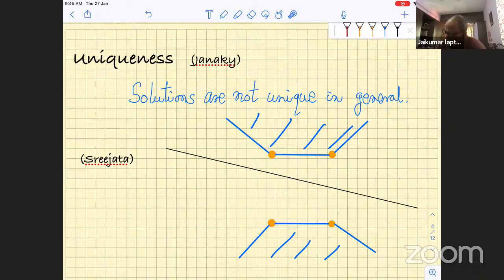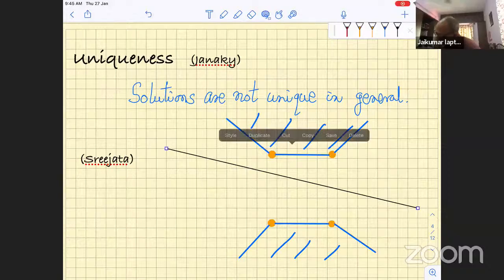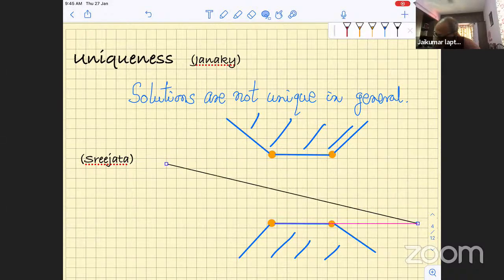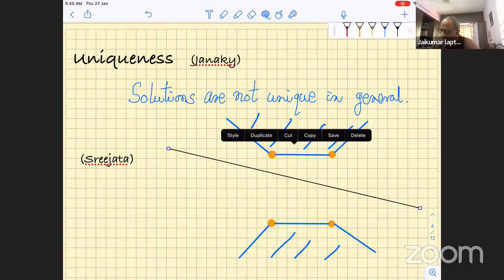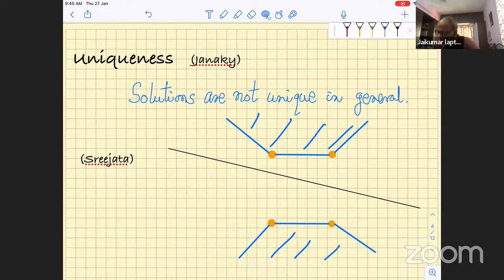In particular, if you take any line and shift it up or down, it will give the same value. So obviously the solution is not unique, but it's interesting to find out the set of solutions.